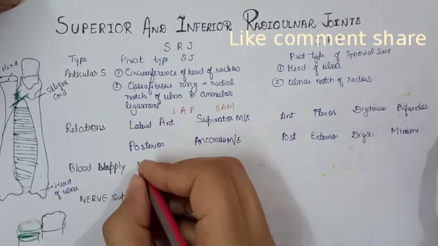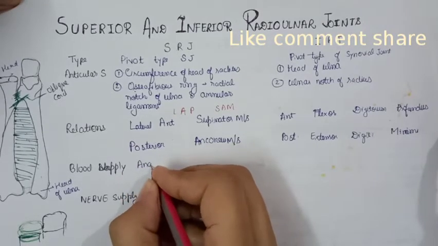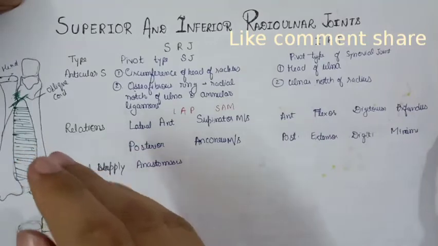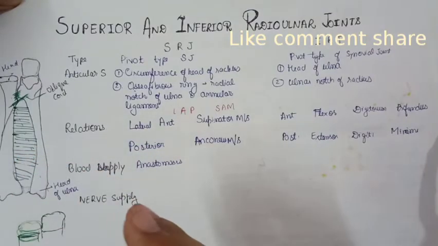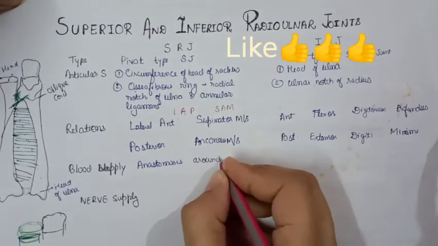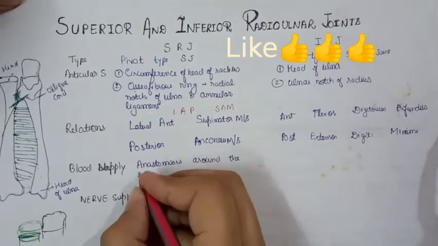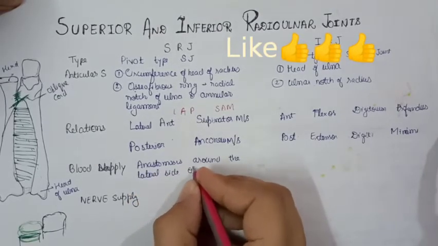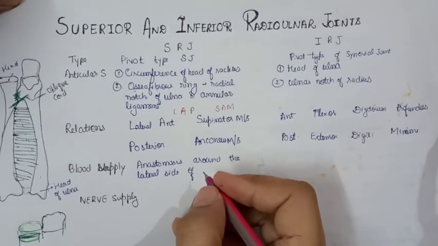Blood supply is formed by the anastomosis around the lateral side of the superior radioulnar joint or the elbow joint. The video on the anastomosis around the elbow joint will be uploaded soon.